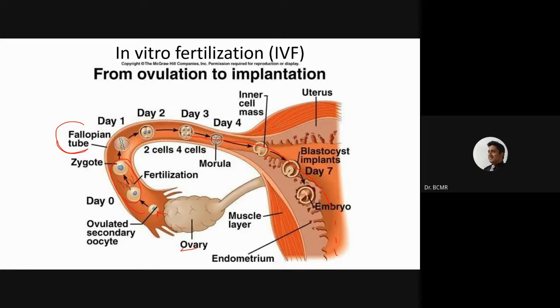Then the zygotic genome activation occurs. That means the metabolism of the egg, which is dormant for so long, will activate and it will start dividing. So it will form a morula, and later in about 7 days or so, it becomes a blastocyst, and then it implants into the endometrium. From then on, it starts absorbing nutrition from the endometrium, and it will grow into a fetus.